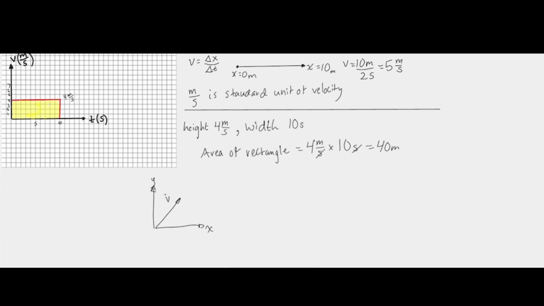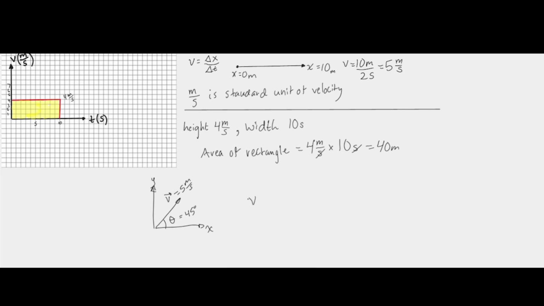This could be a velocity vector and it would have some angle with respect to the x-axis. While I didn't note it formally up here, since we were just talking about one dimension, velocity is in fact a vector.